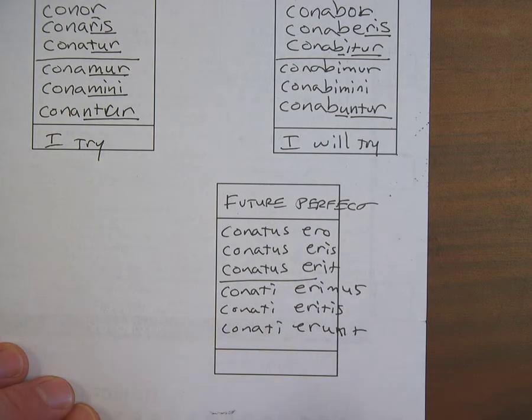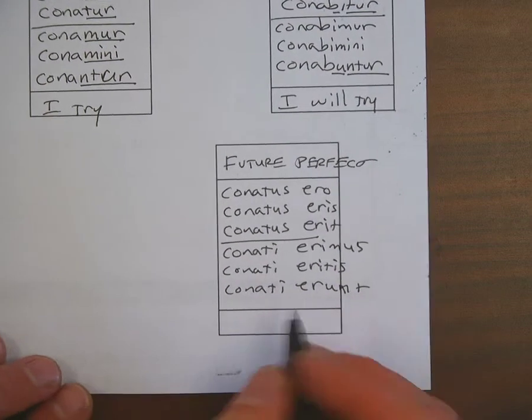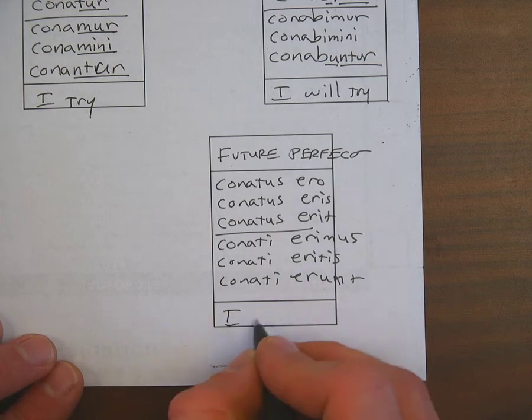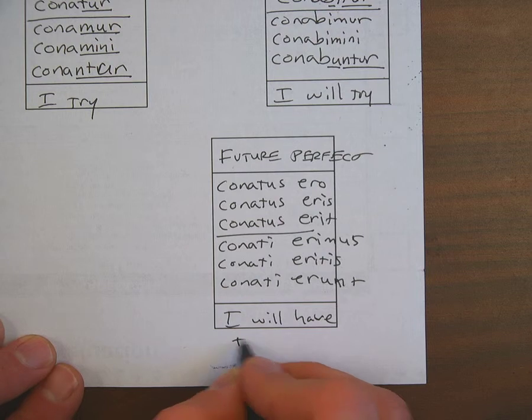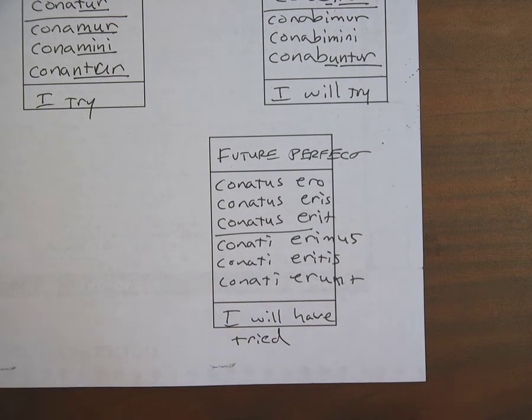And those are just the future forms of sum. And remember, the future perfect has kind of a funky form. I will have tried, which you don't usually use in English.